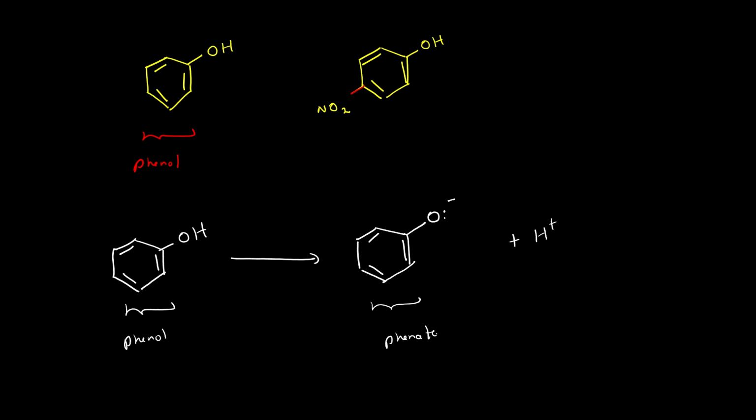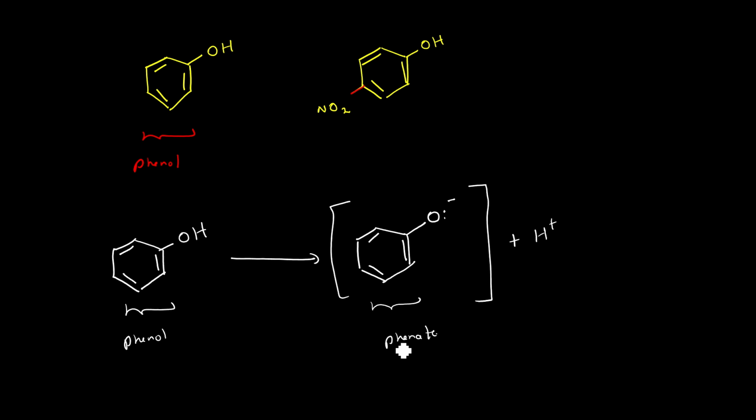So acidity is higher. Now, for this reaction to happen faster, this final product has to be stabilized. If this final product is destabilized, this reaction won't occur, because every compound in nature tries to be stabilized.